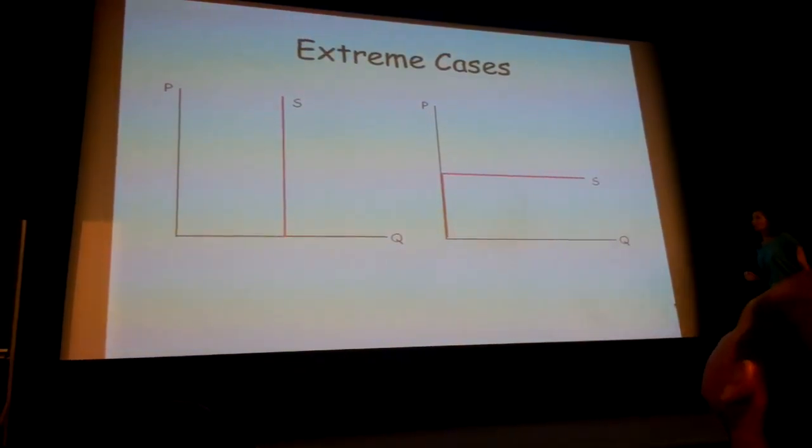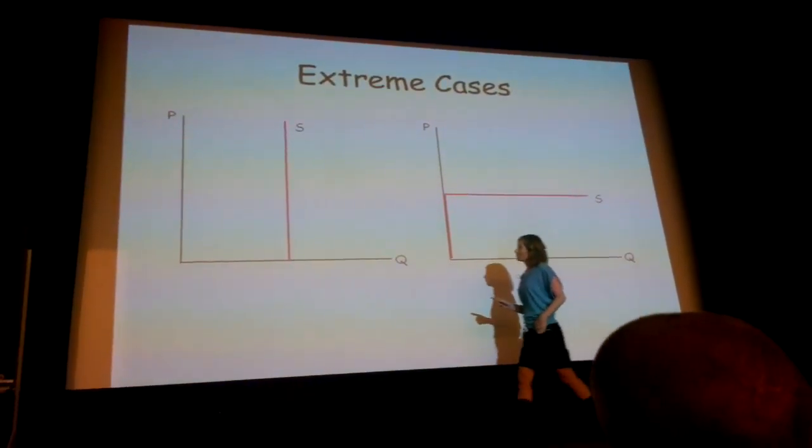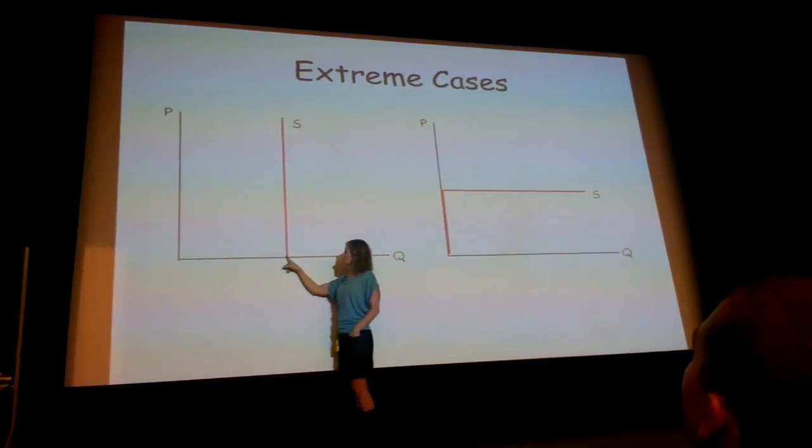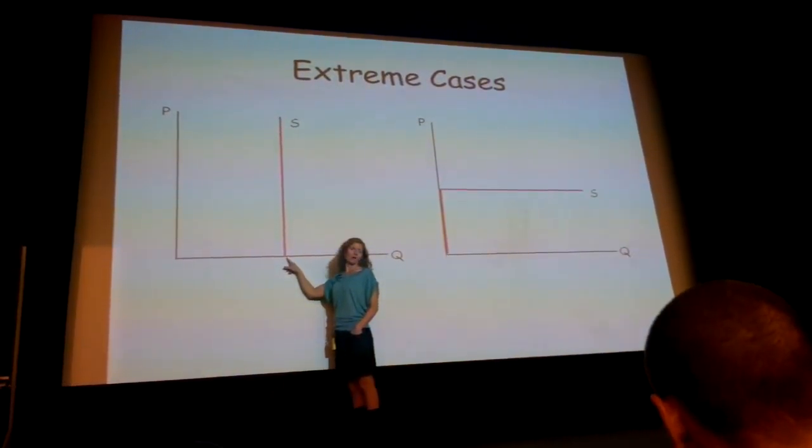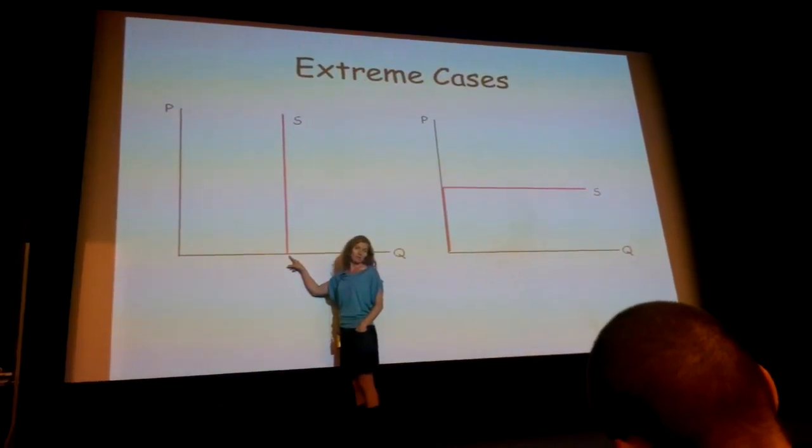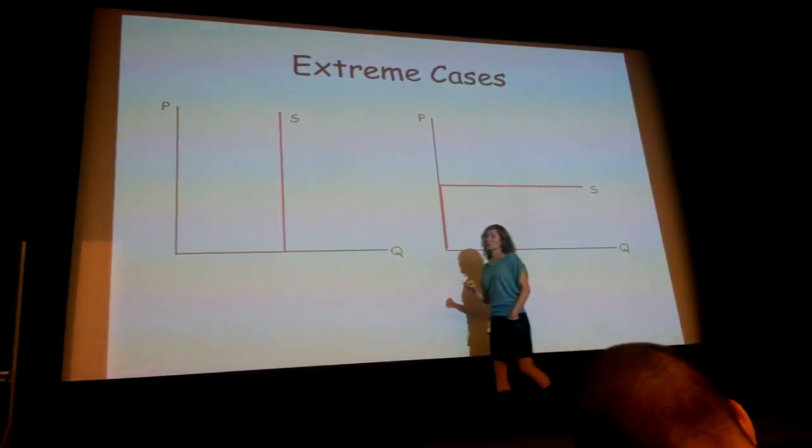So here we have a supply curve, and what we see is that no matter what the price is, the quantity supplied is exactly the same. So this is an example of perfectly inelastic supply.